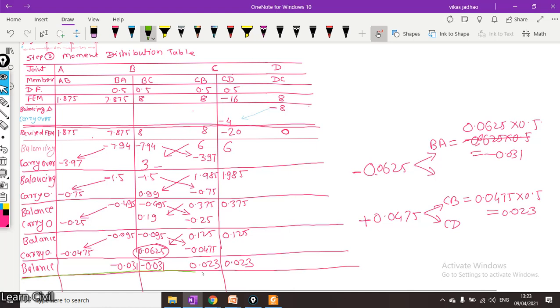So final step will be to calculate the final end moment. How will we be calculating the final end moment?